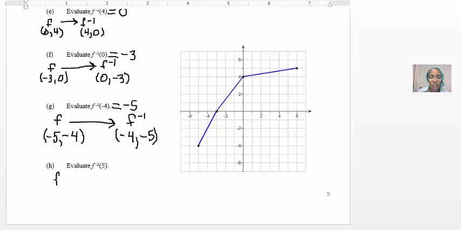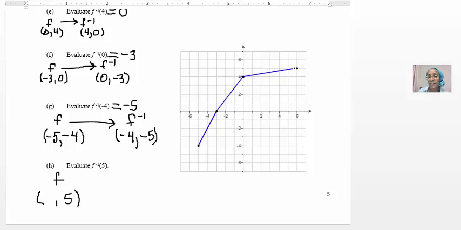And finally, we want to find f inverse of 5. So that basically is telling me on the graph of f, I want to find the point whose y-coordinate is 5. And that's this point. On the y-axis I'm at 5.